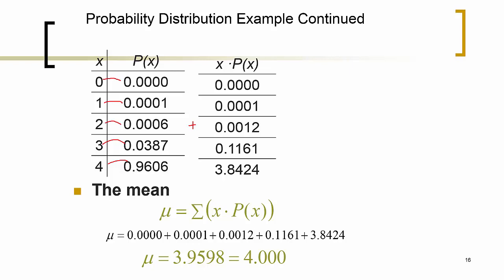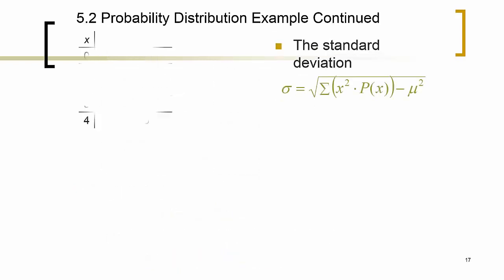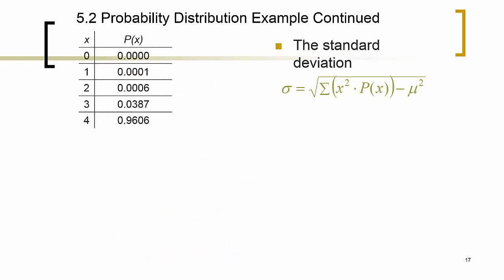When you check your answers, we usually round that up to 4, but when you do the standard deviation formula, you want to use this original mean, the one that's not rounded. The standard deviation, sigma, is the square root of the sum of x squared times p of x, minus the square of the mean.